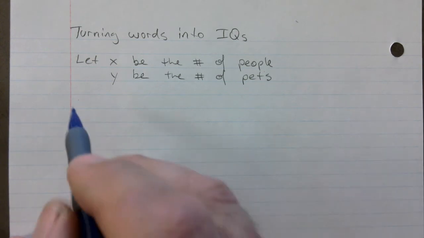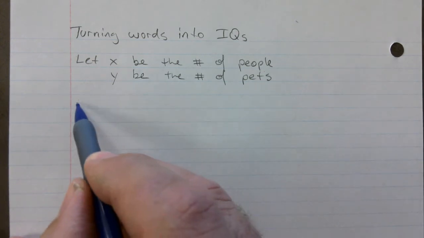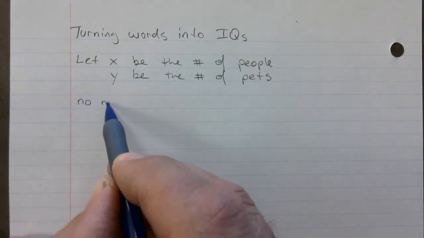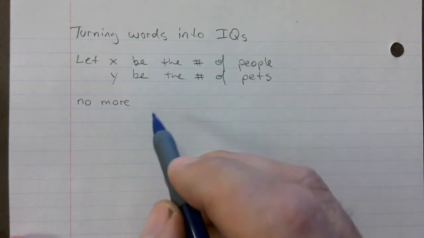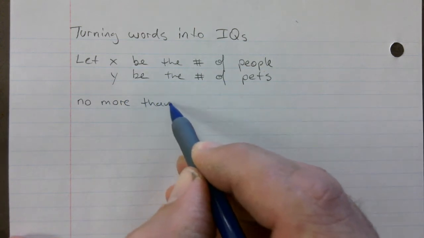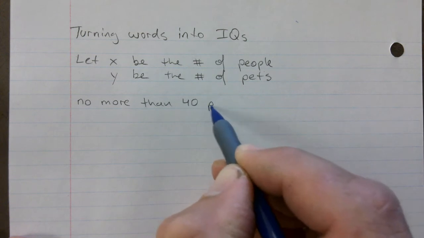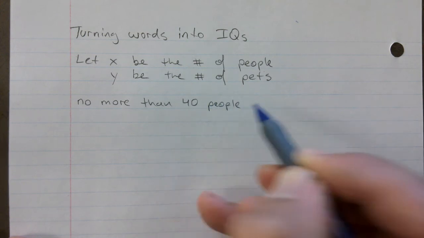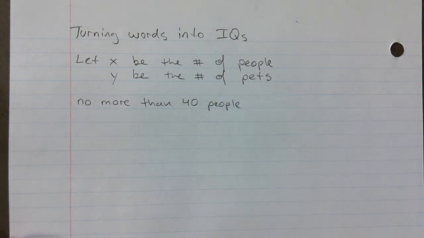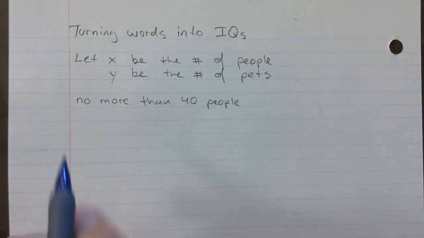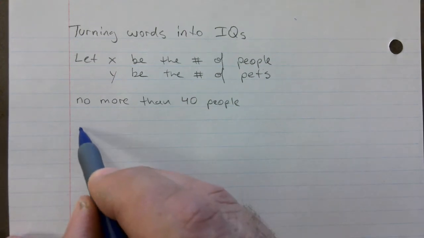So if you read a statement and it said something like this, no more than 40 people allowed in a room, right? But you just focus on the no more than 40 people. We'll write that down. Let's keep writing down.